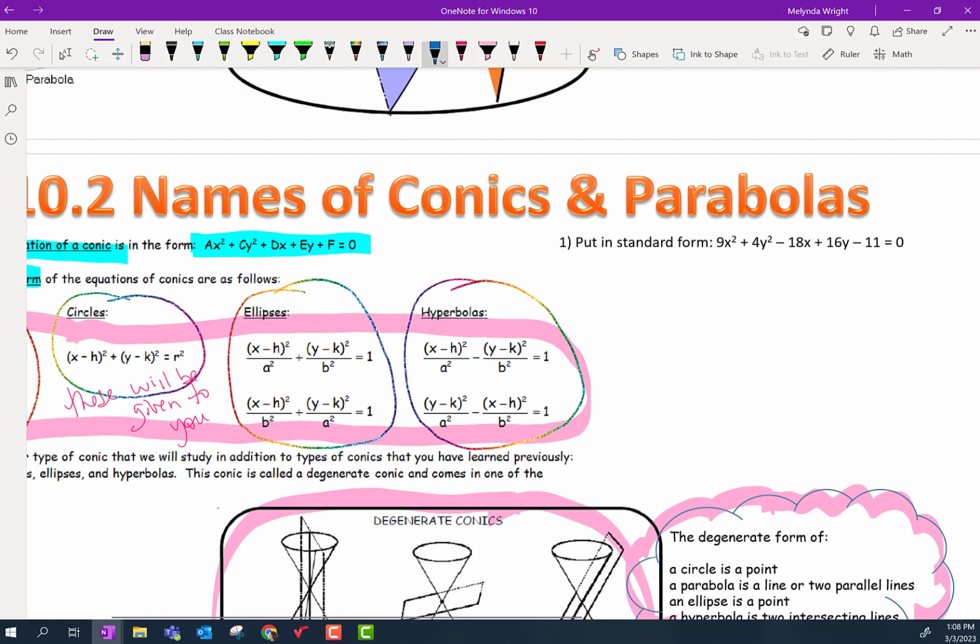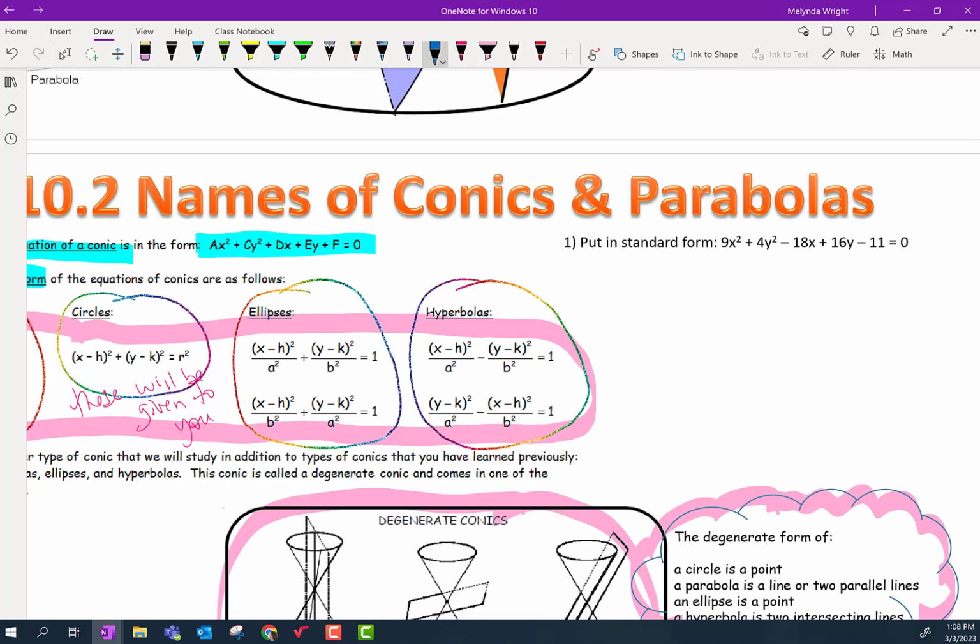So let's take a little note: to change from general to standard form, you complete the square for x and y.